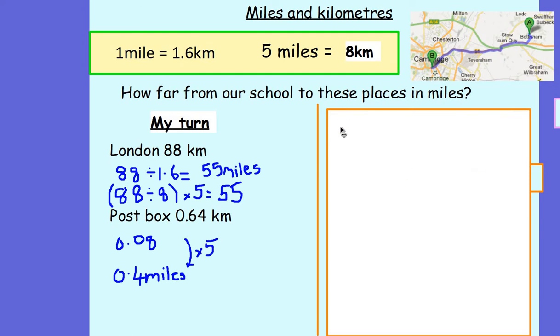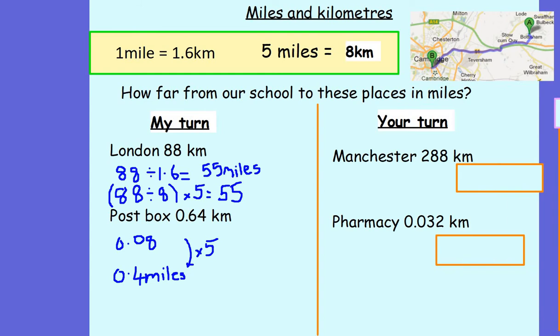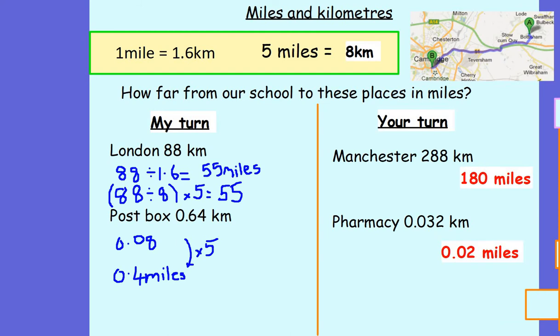Over to you guys in your rough books. Please pause the video for 1 minute or so and convert 288 kilometres to miles and 0.032 kilometres to miles. Pause the video now. And the answers I was looking for were 180 miles and 0.02 miles.